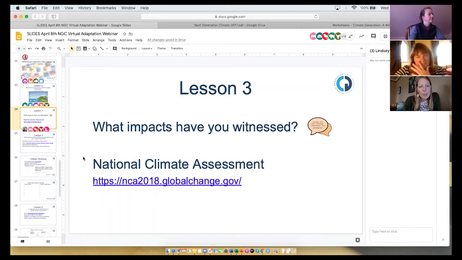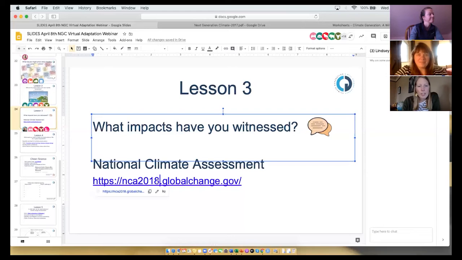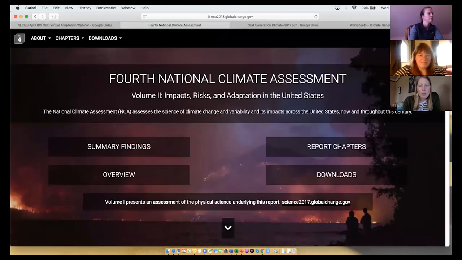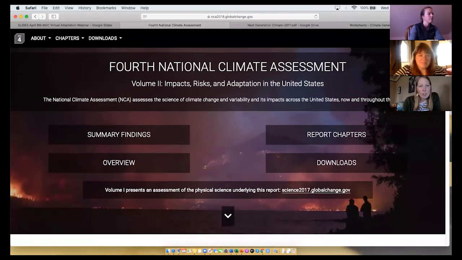But with lesson 3, one of the resources is the National Climate Assessment. So if you aren't familiar, the National Climate Assessment is a really great resource that is updated every 4 years. It's a print version as well as an online resource that you can go to see the impacts of climate change all across the nation.